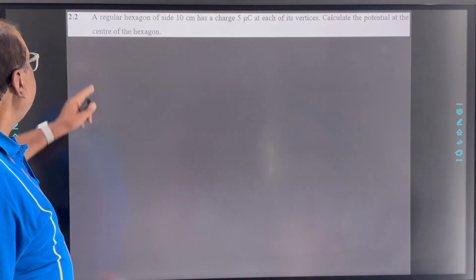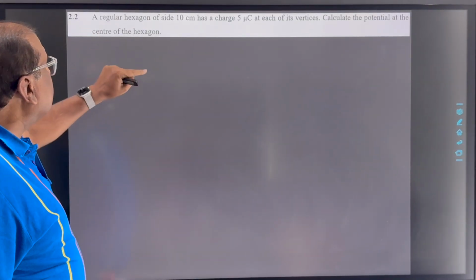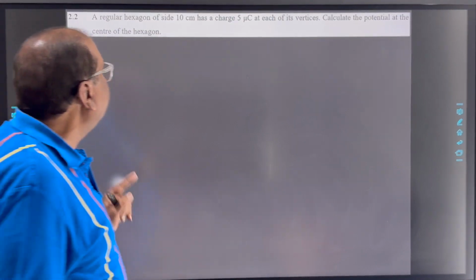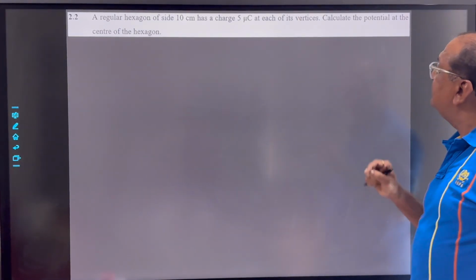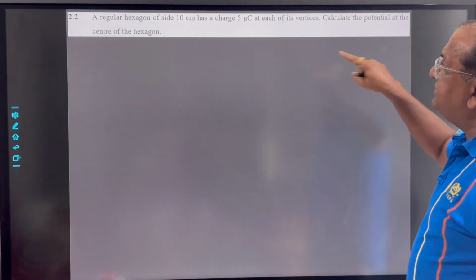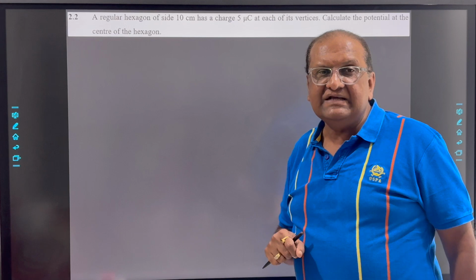Now 2.2. A regular hexagon of side 10 centimeter has a charge 5 microcoulomb at each of its vertices. Calculate the potential at the center of the hexagon.